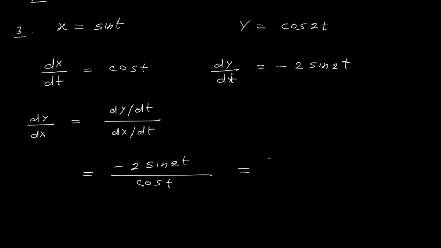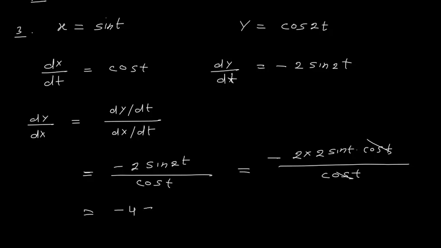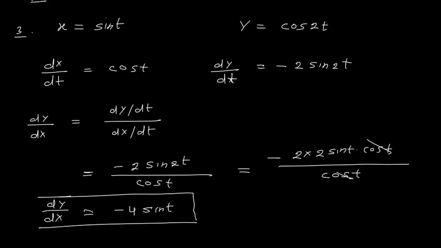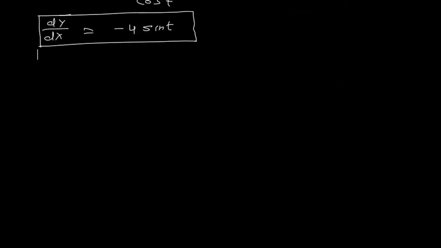Now if you remember in 11th standard, we have a formula for sin 2t which is 2 into sin t into cos t. Now we are using this formula because denominator is cos t. So this one part of cos t will cancel and we have minus 4 into sin t. So dy upon dx is minus 4 into sin t. This is third question.